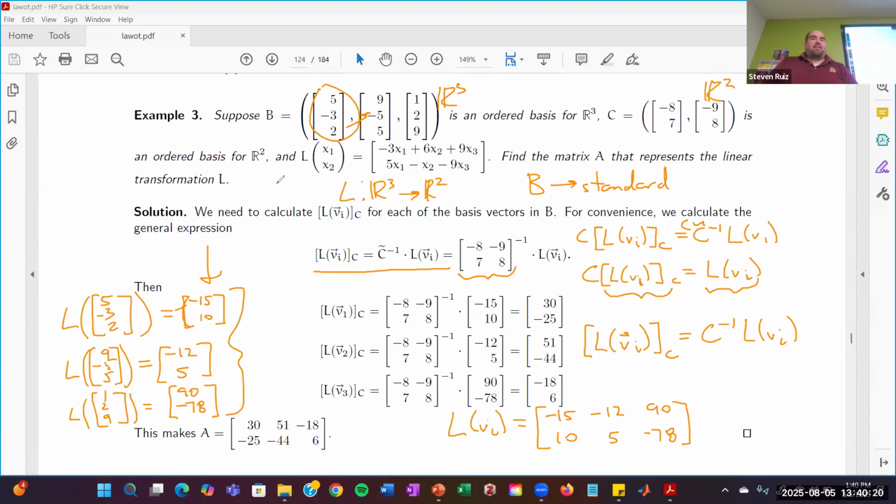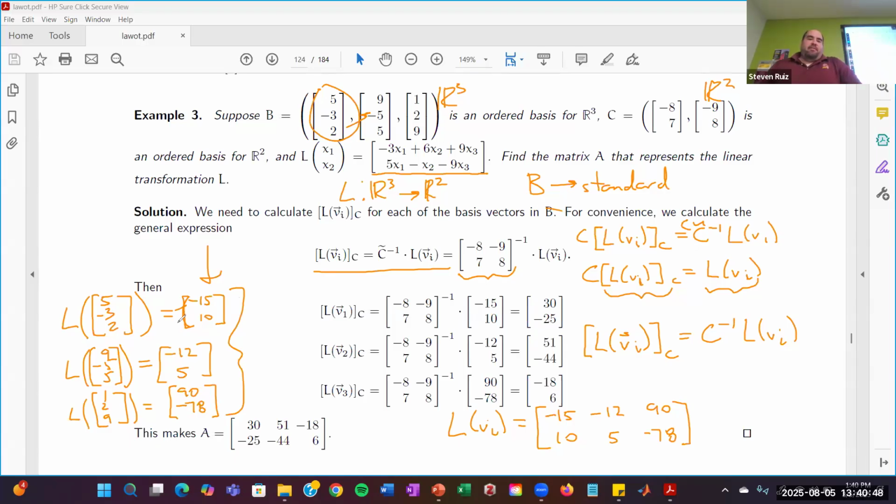I hate promising that every time something is true, but I think in general, if you're given a formula for the transformation, it better be in the standard basis, unless I tell you what other metaphorical language it's translated into.